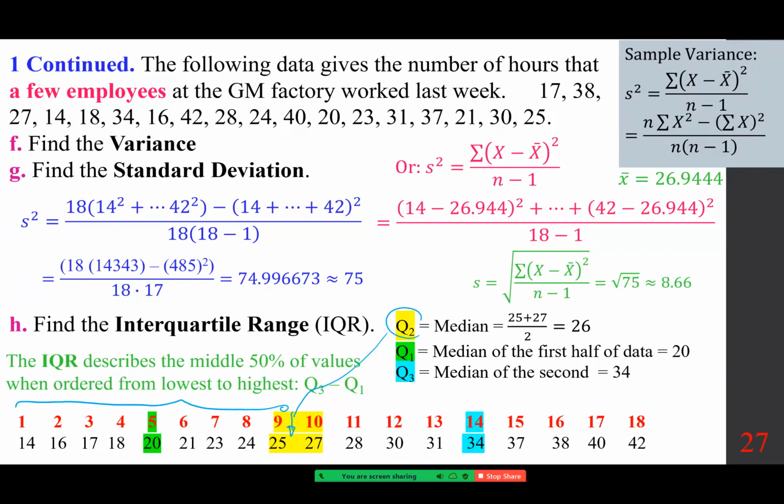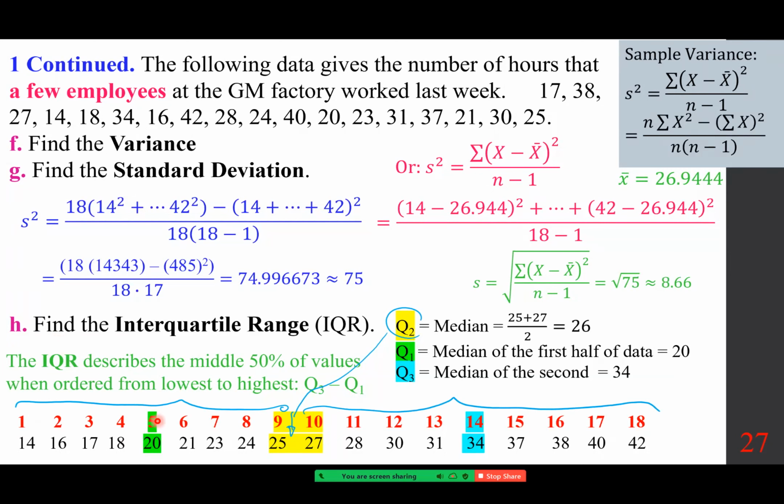Then we look at the bottom half and the median of the bottom half. There are 9 pieces of data. The 5th one, which makes it number 20, and then the top half, the median makes it the 14th.